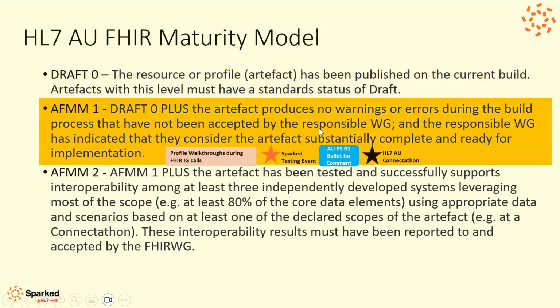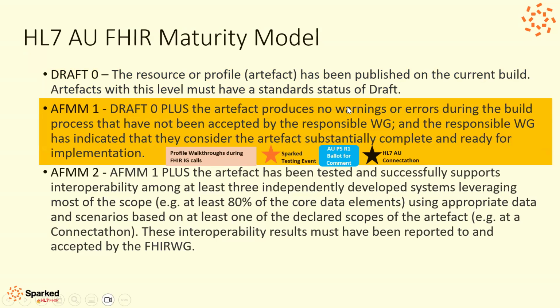Where we want to get to around ballot for comment is this one. We want to be at level 1. Level 1 is you have an artifact, which is our profiles. And it also has no warnings or errors. So that's a QA type thing. Like you've actually technically authored it correctly.